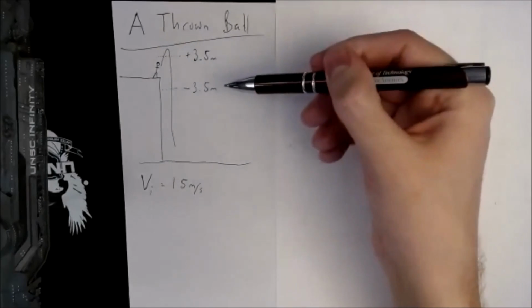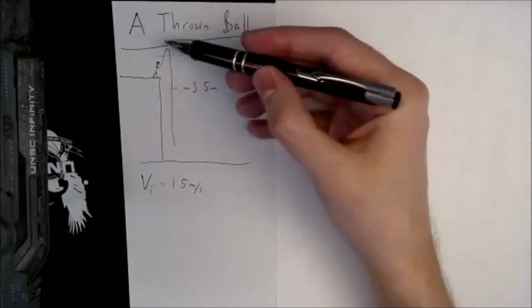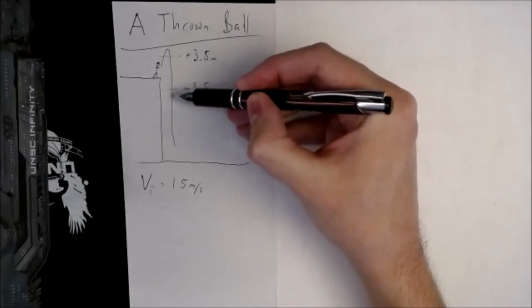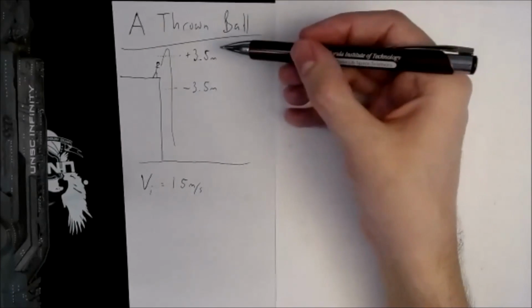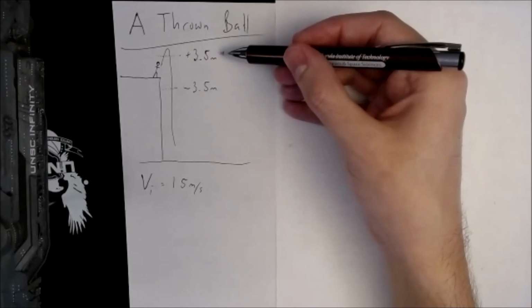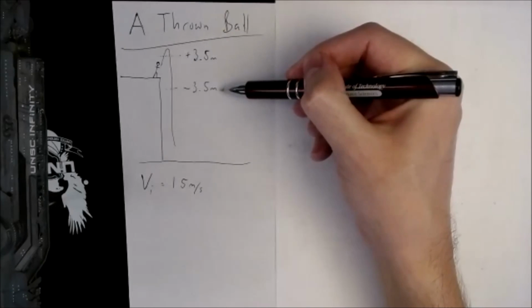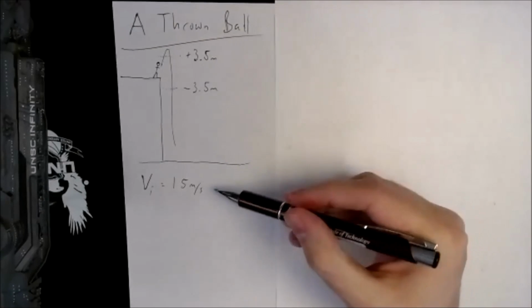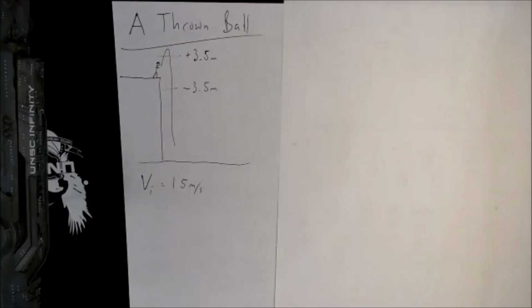But that's very difficult and annoying to draw, so I always give it a little bit of parabolic action. We need to find out when it is 3.5 meters above your hand and when it is 3.5 meters below your hand, given an initial velocity upward of 15 meters per second.